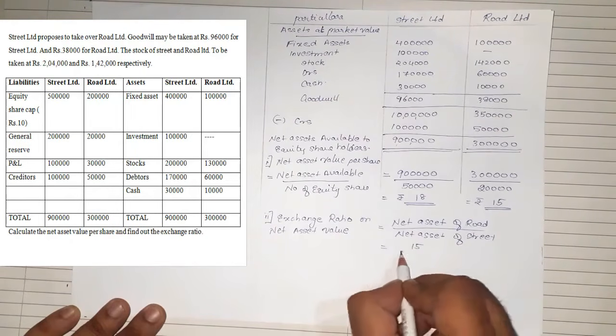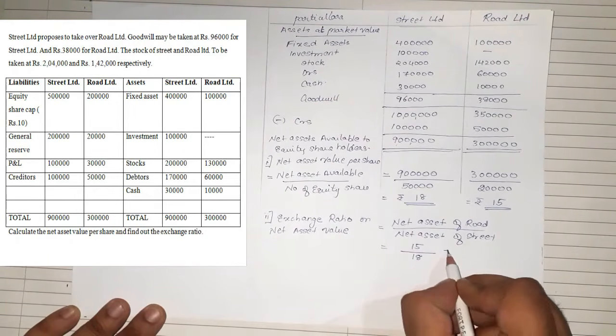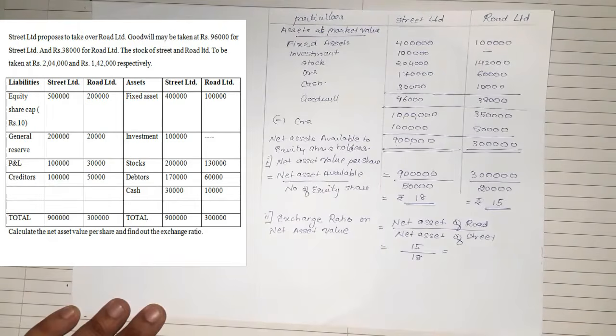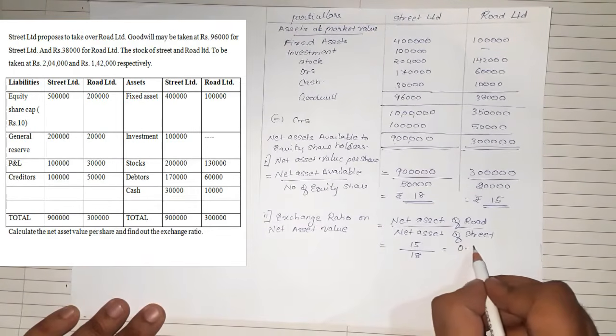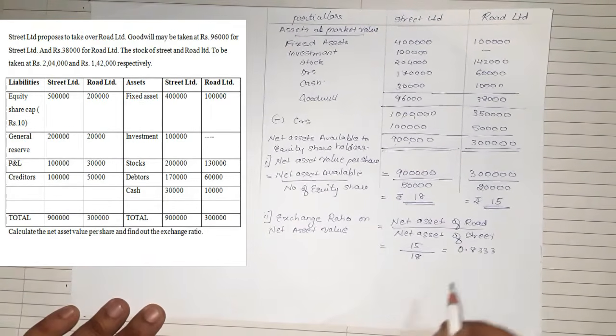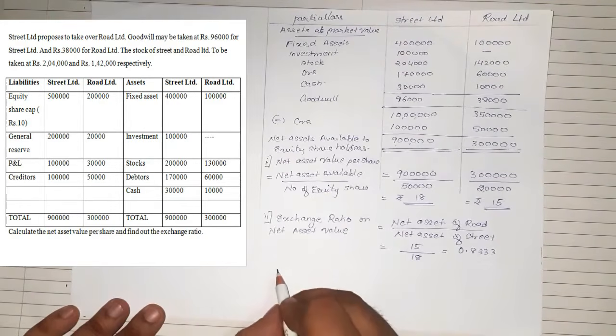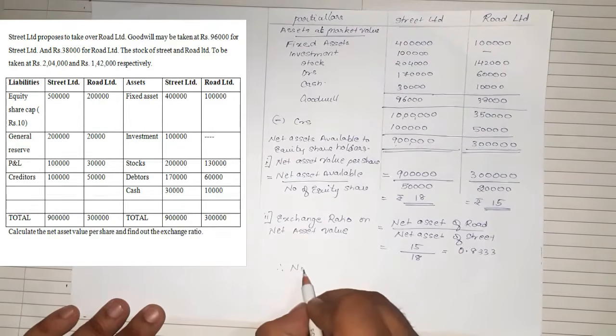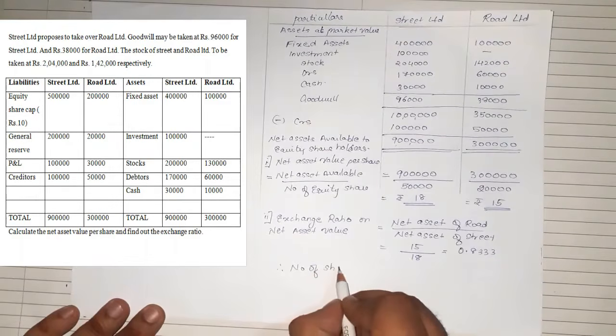So that is 15 divided by 18. Okay, the ratio that we get is 0.8333 approximately.